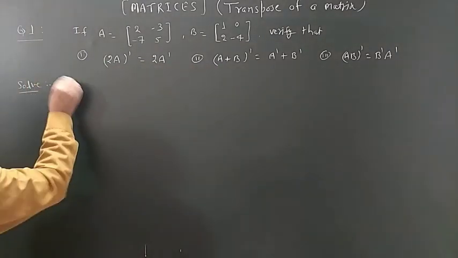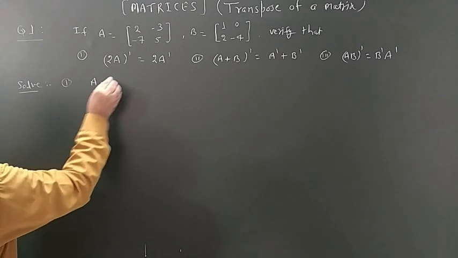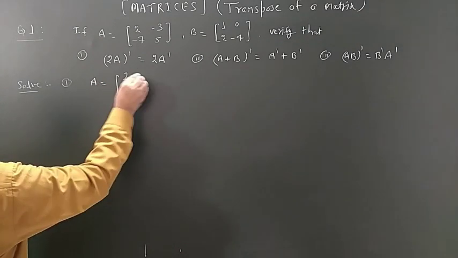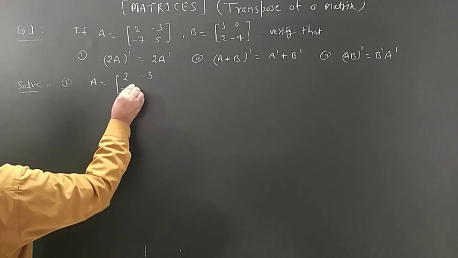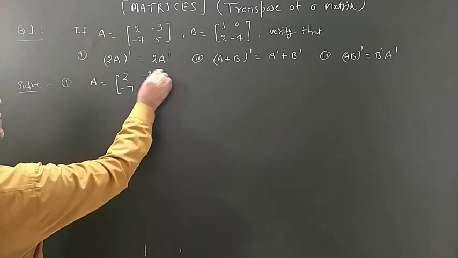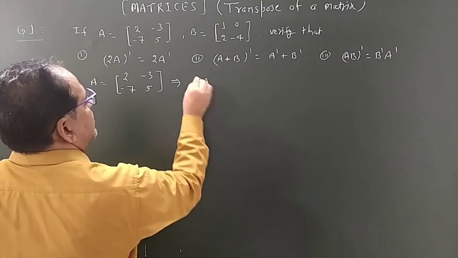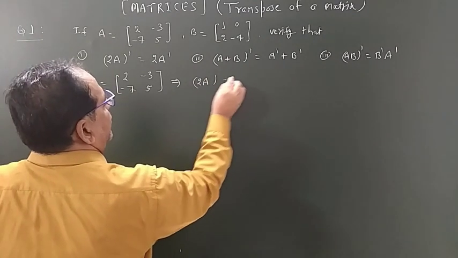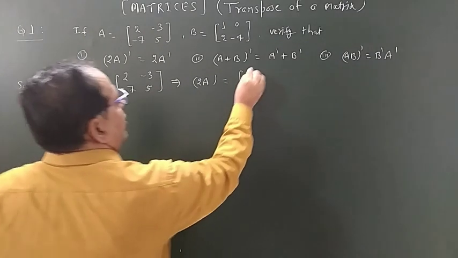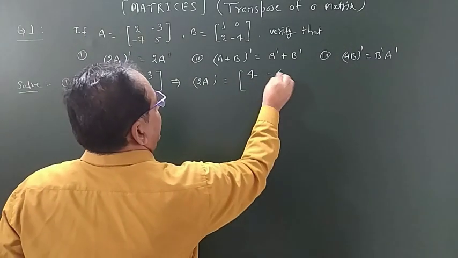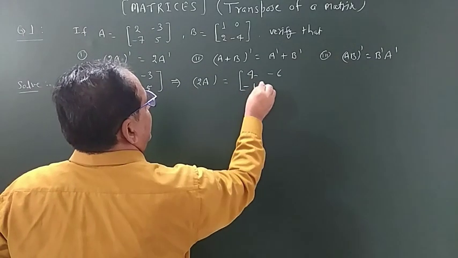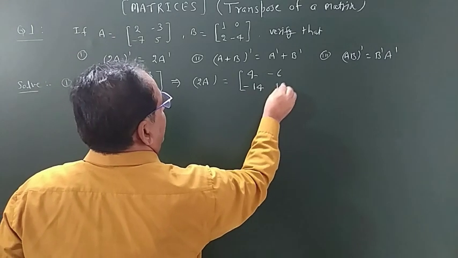So the first part: A equals 2 -3 -7 5. This implies that 2A equals 4 -6 -14 10.